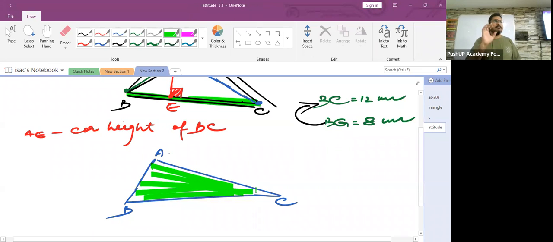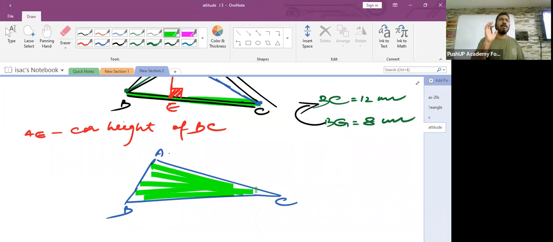Will the area of the triangle change? No. Isn't it? You take any three sides of the triangle and apply them into Heron's formula, you will get an area. Suppose I was using 1/2 into base into height and finding the area of this triangle. Still, I would have got the same answer. Do you agree with that?